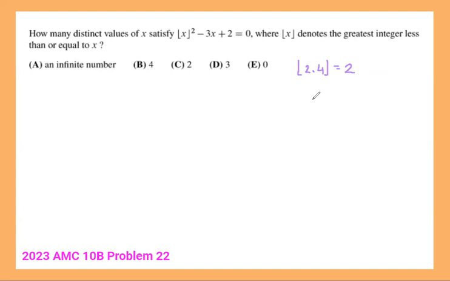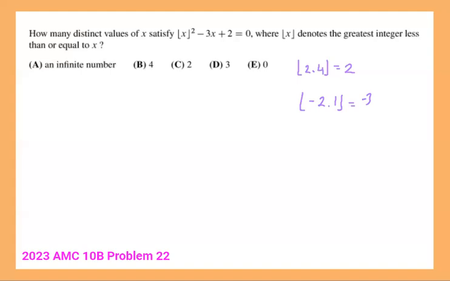If I have negative 2.1, you are looking for the largest integer that is less than or equal to the given number. Negative 2.1 is larger than negative 3, and that would be the answer.